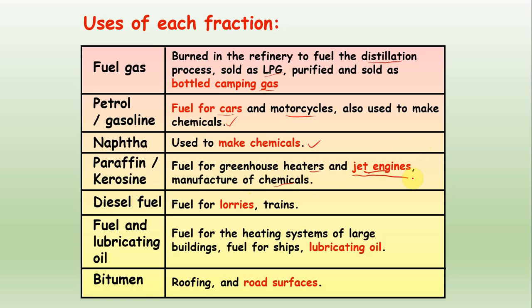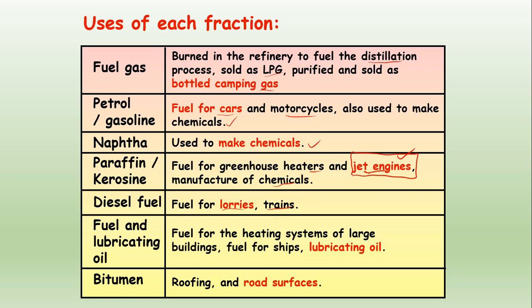But this is the very important use, you have to remember this one, which is in red color: it is used as fuel for jet engines or aeroplanes. Then diesel fuel is used as fuel for lorries, trains, and buses.